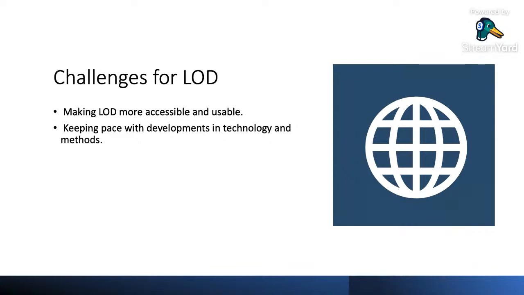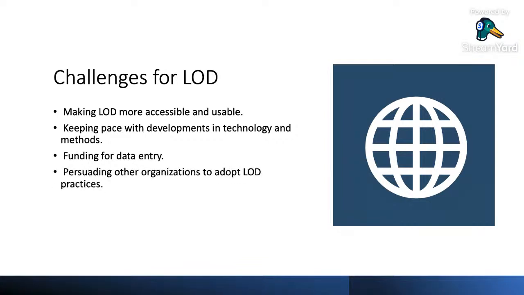It's also difficult to keep pace with developments in technology and methods, particularly if you are, as the DLL is now, a team of one, at least until we are successful in applying for some more funding. And then, of course, there's funding for data entry. There is so much data to be entered, and we need to be able to train people to do that very important but meticulous and tedious work.